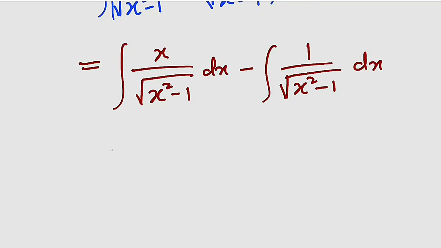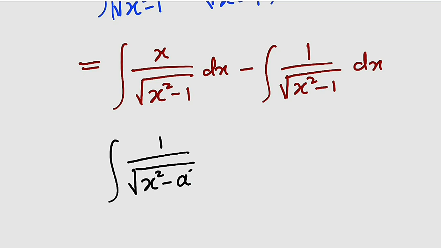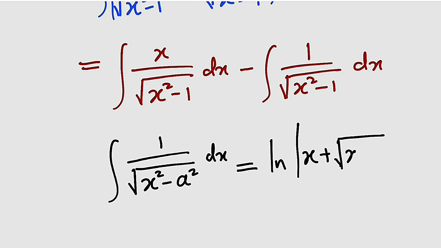We have an identity that stated that if you want to integrate a function 1 divided by the square root of x squared minus a squared, for which a is constant with respect to x, this is the same thing as the natural log of the absolute value of x plus the square root of x squared minus a squared, plus the constant of integration.